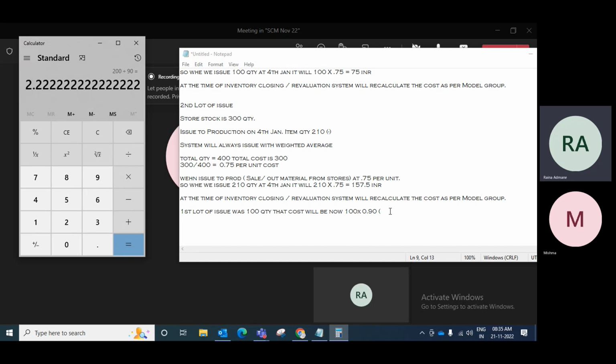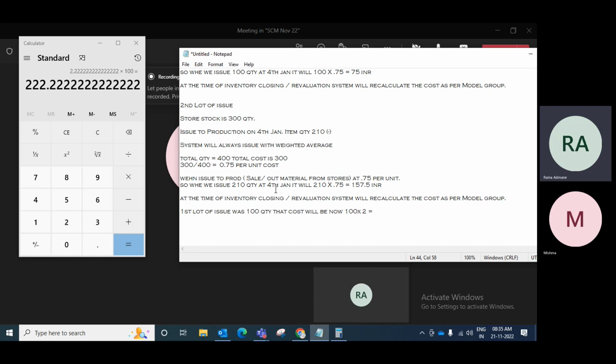So 100 into 2.22. The first lot of issue was 100 quantity, so that cost will be 2.22. So is equal to how much? If it is 100, is this 0.22 or 2.22? 2.22.